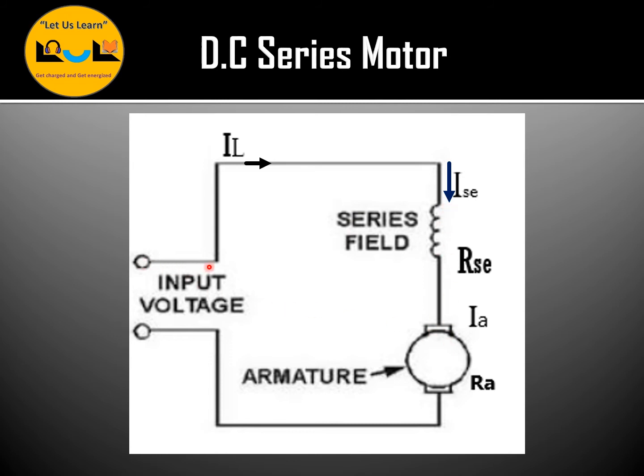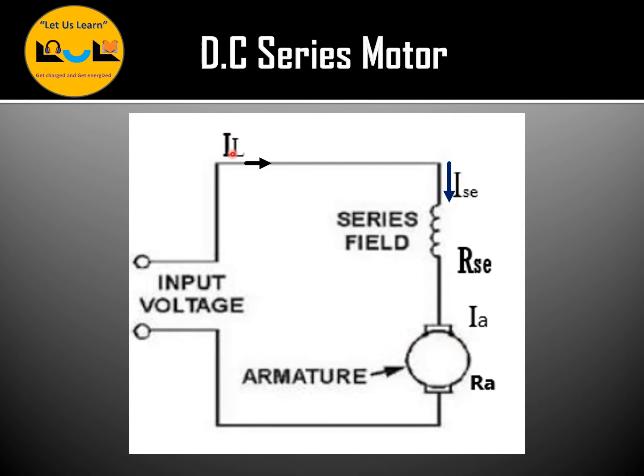Here we are giving the input voltage, IL is the line current, ISE is the series field current, RSE is the series field resistance, IA is the armature current, and RA is the armature resistance. Here the supply is given to the DC series motor, and the series field winding and armature winding are both connected in series.